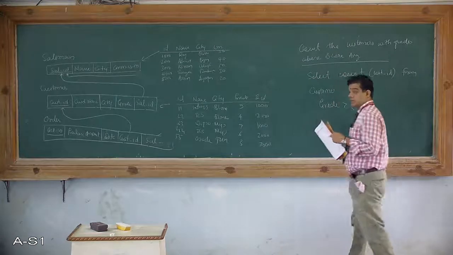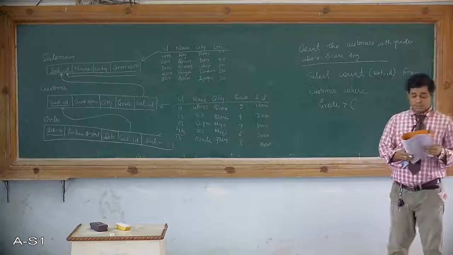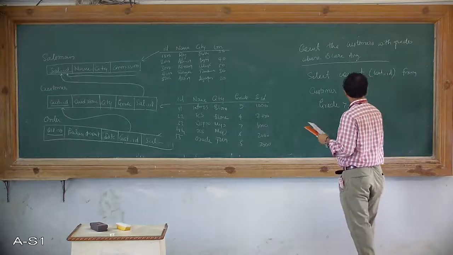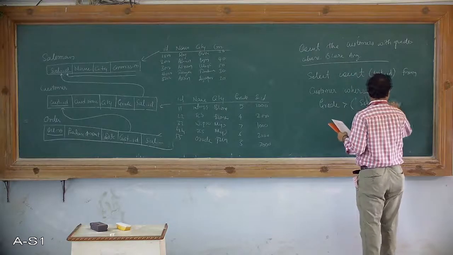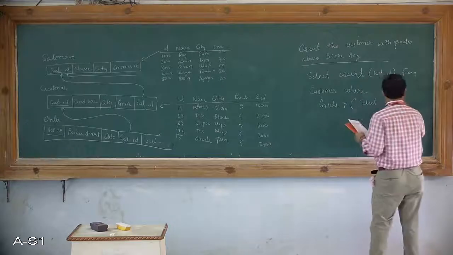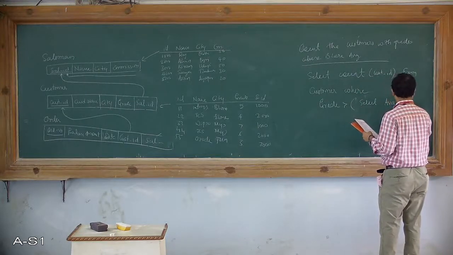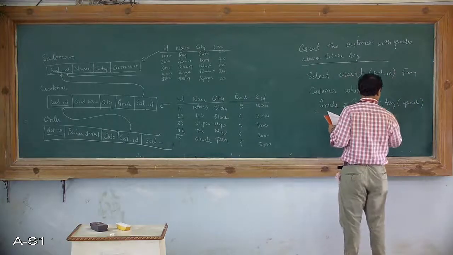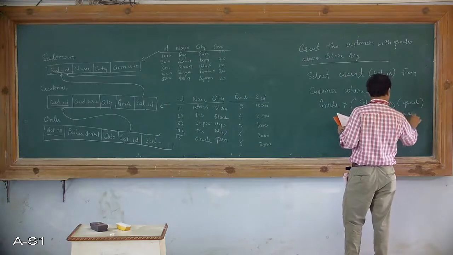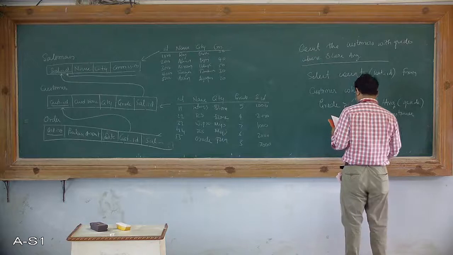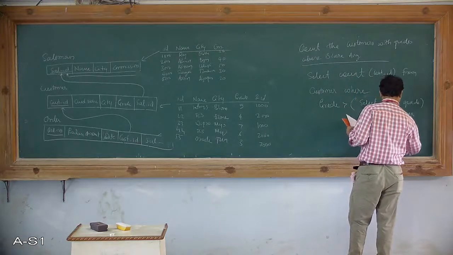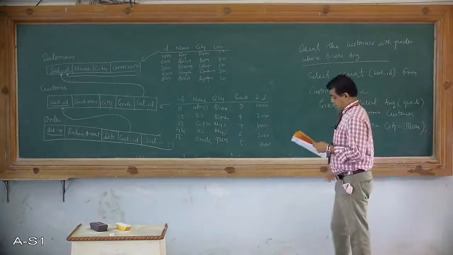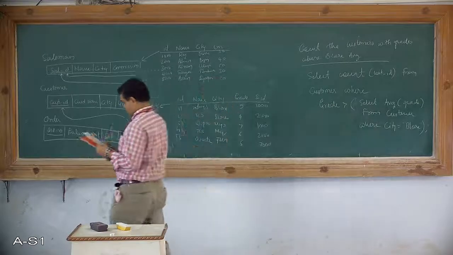This is a query within the query, a nested query. So select average grade from customer. So this is the query here.